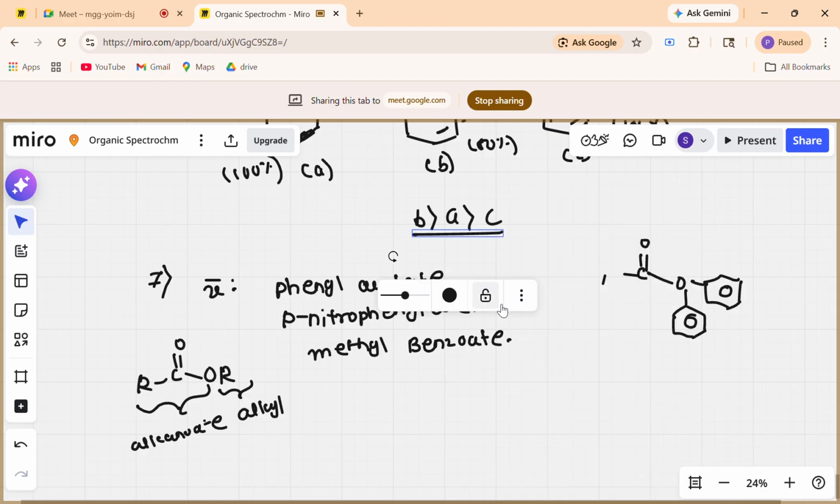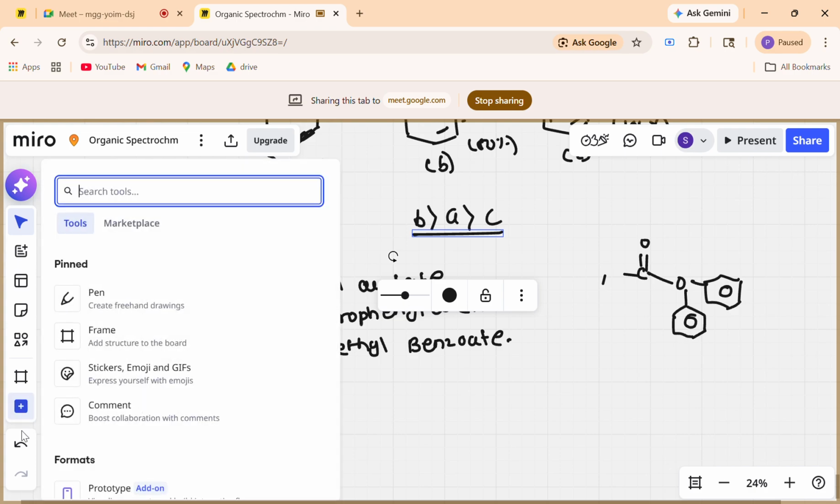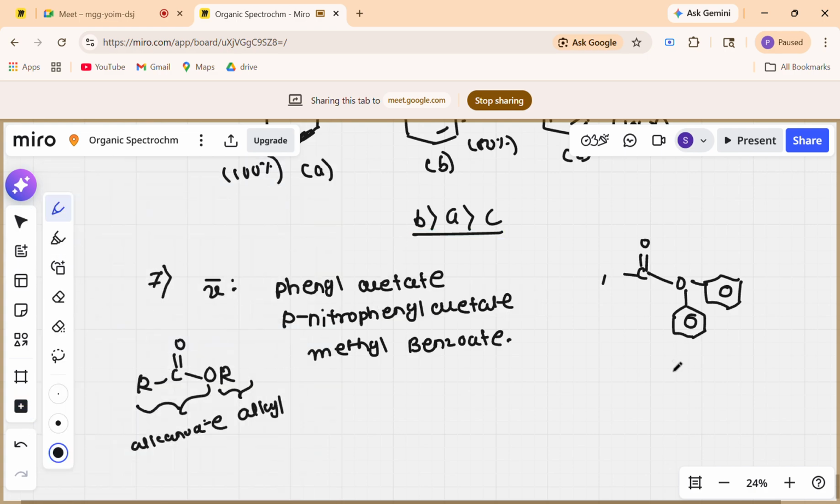And the acetate group is there, which means C double bond O CH3. So this will be your phenyl acetate, right?